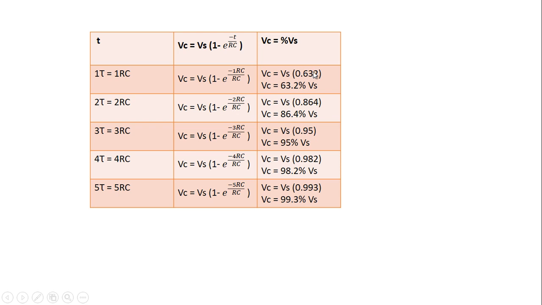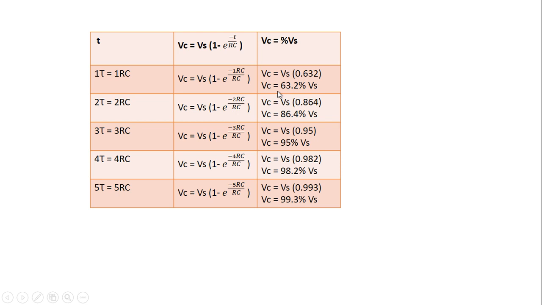When we calculate its value, we get 0.632, and when we convert this into a percentage, Vs multiplied by 0.632, we get Vc equal to 63.2% of Vs. From this information, we get that when time is equal to 1 tau, that is 1 RC, for any particular RC circuit, the capacitor gets 63.2% of the supply voltage.